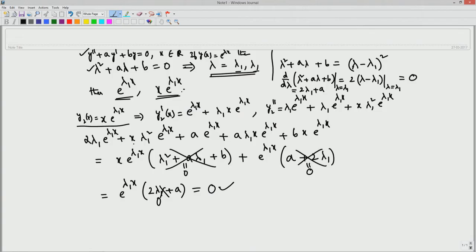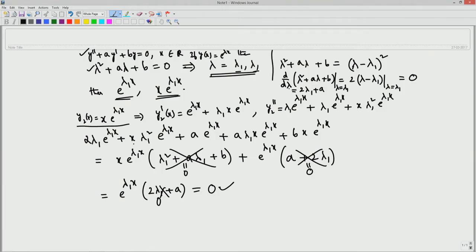This way of looking at the second solution is useful when you are looking at higher order equations with constant coefficients. Whenever a root is repeated a few times, say k times, you differentiate with respect to lambda up to k times. When you put lambda equal to lambda 1, it will still be 0.